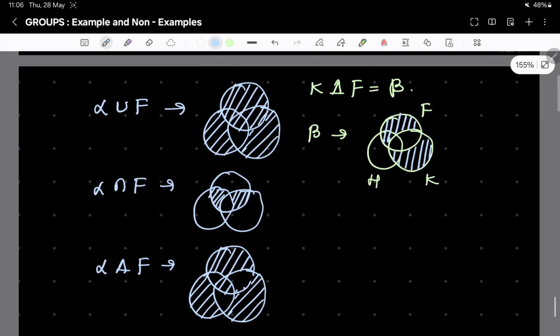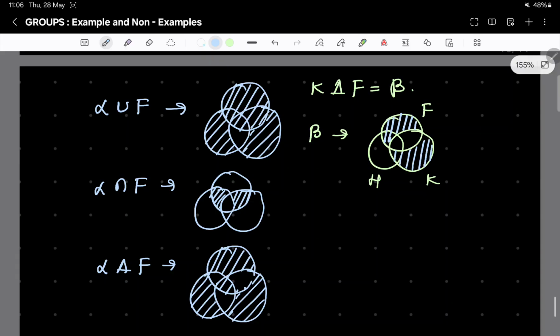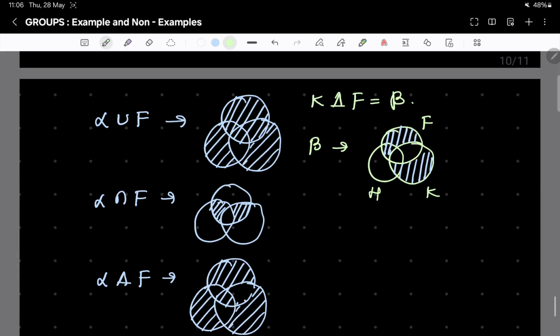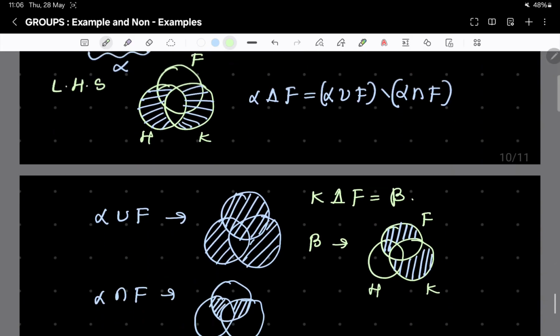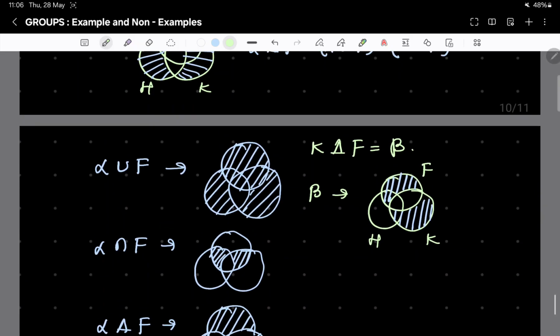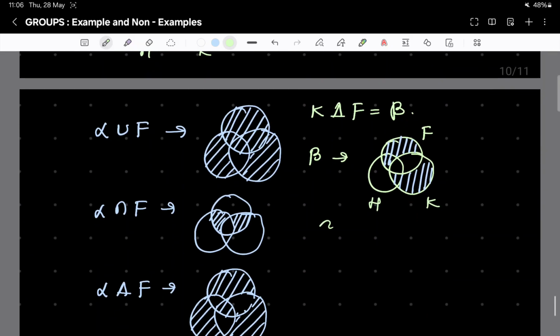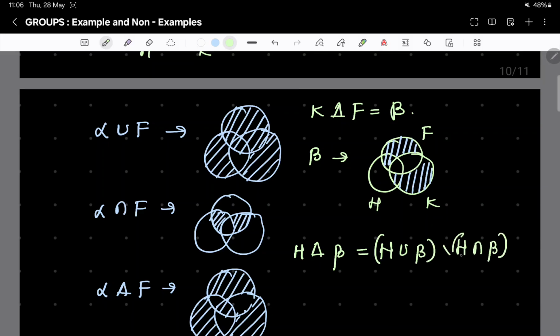Okay, now let's look at what is H delta beta. It is H union beta minus H intersection beta.